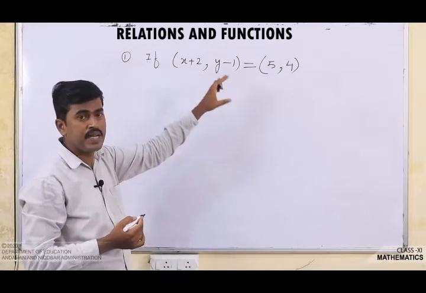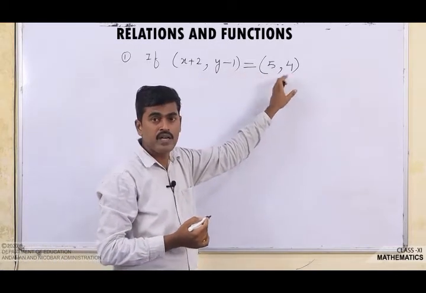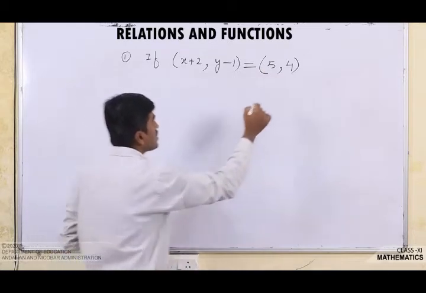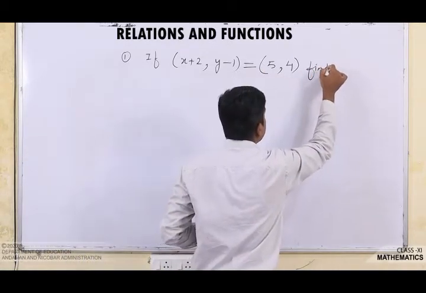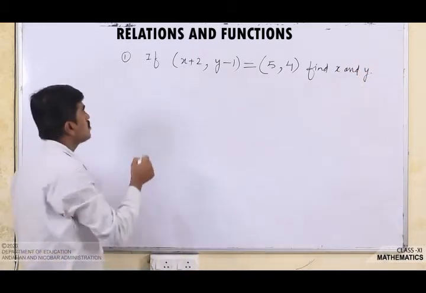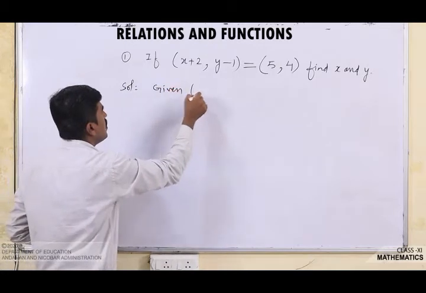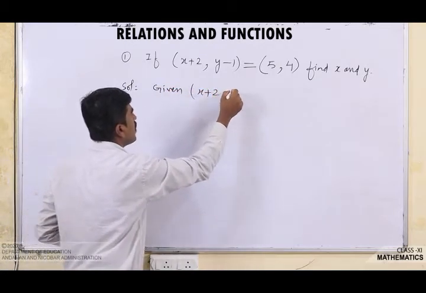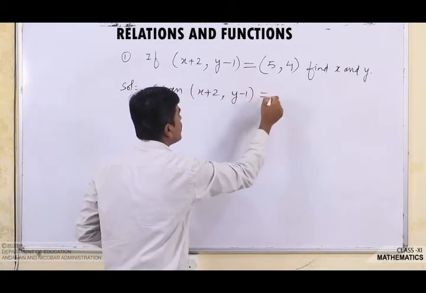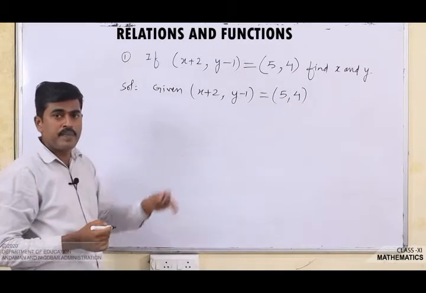Find the value of x and y. Solution: given x plus 2 comma y minus 1 is equal to 5 comma 4. What is given? These two ordered pairs are equal.